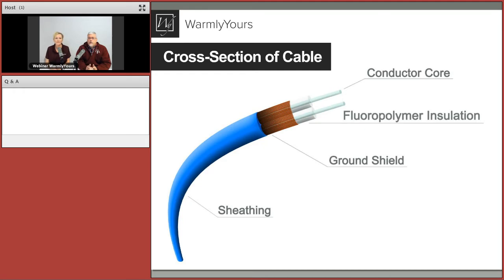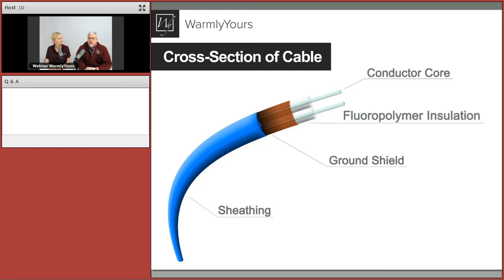Right, and as soon as you look at any wire and it says twin conductor, it's all going to be pretty much the same stuff. You're going to want to make sure that you've got fluoropolymer inside there. The difference between the fluoropolymer and other kinds of sheathing or protection is that it's very resistant. Teflon is a term for fluoropolymer insulation.